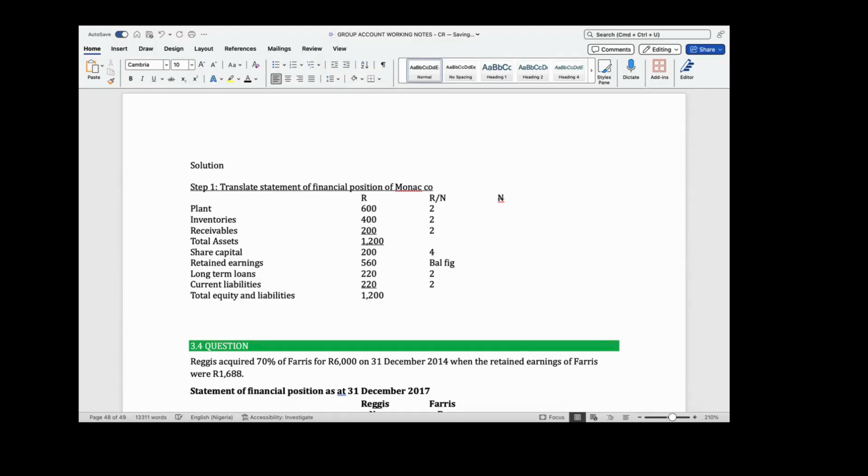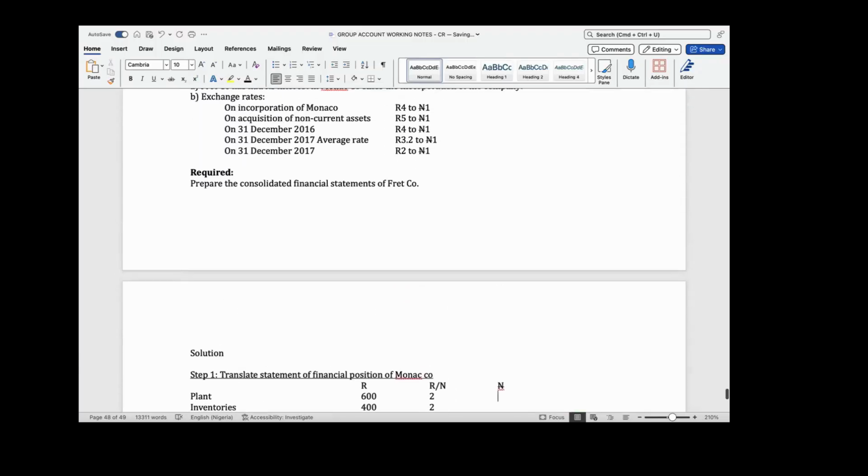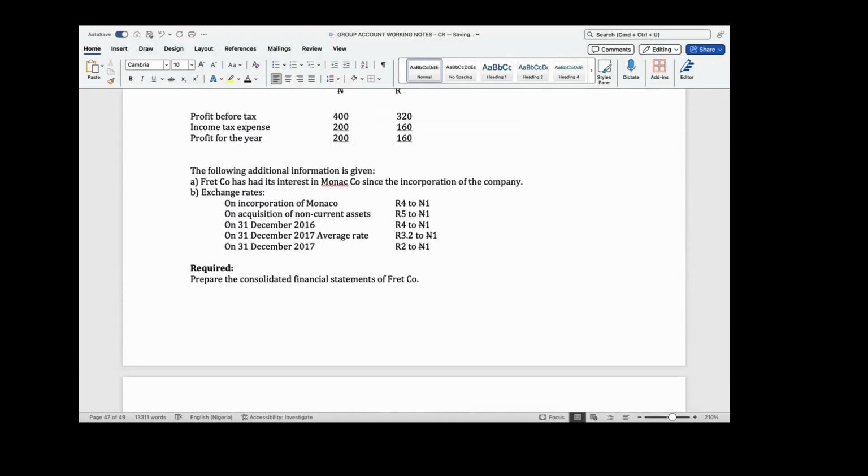So this, are we multiplying or dividing? We're dividing. Multiplying. Okay, so let's take it one by one. Somebody said dividing, somebody said multiplying. Let's start with the multiplying. Why are we multiplying? Because the naira has more value than the rand.